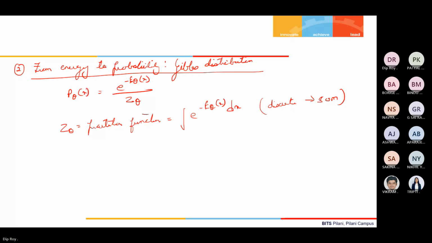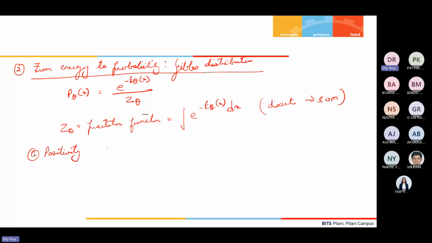A few crucial properties here that you need to remember, and we talked about it last time: why are we using this form, e to the power minus E theta of x? We are using this form because of positivity.